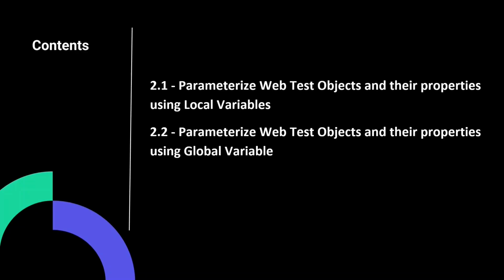Whereas global variables you can define at project profile level. So you'll be defining global variables at profile level, and these global variables can be used in n number of times in n number of test cases within the project.